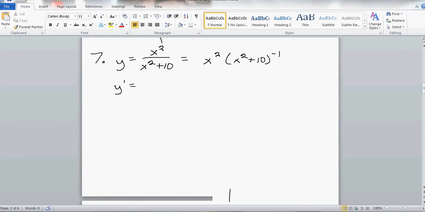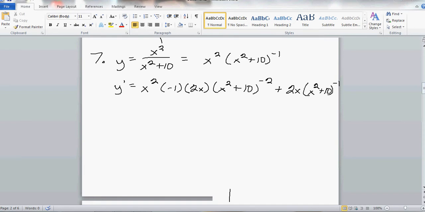If we do y prime in this manner, then we leave the first one alone, and we take the derivative of the second, which means take the exponent out there, take the derivative of the inside, which is 2x, and then we take whatever it was and subtract 1 from the exponent, and then we have to add that to, okay, take the derivative of the first, so that would be 2x, and leave the second one exactly alone.